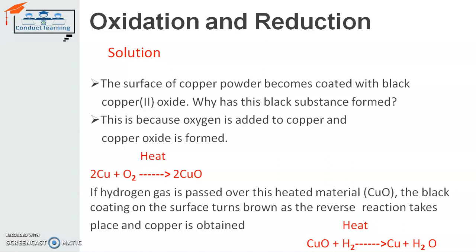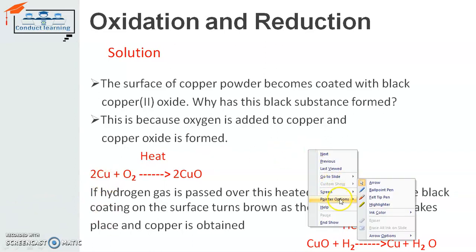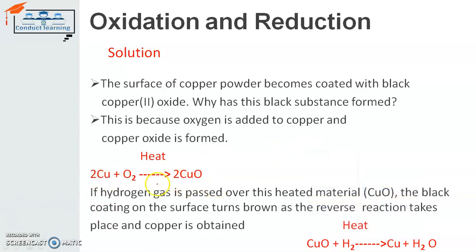The reaction that takes place here is an oxidation reaction, and the chemical equation for the same is given there. We have copper, represented by Cu, and oxygen. So copper is heated in the presence of oxygen, and it gives a product which is CuO, nothing but copper oxide.